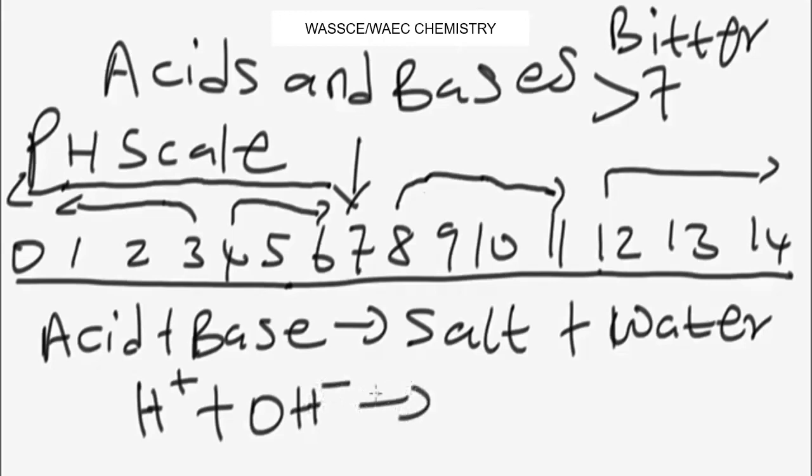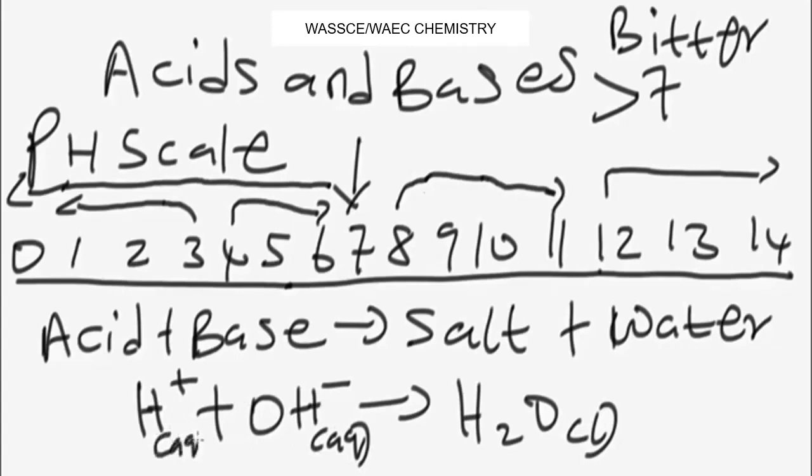Alright, so when this reaction occurs, we're going to have water, H2O, which is a neutral product. This is our liquid. This is aqueous. So we have these ions in aqueous state to produce this output, water, which is a neutral compound.